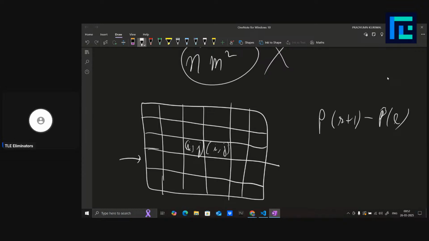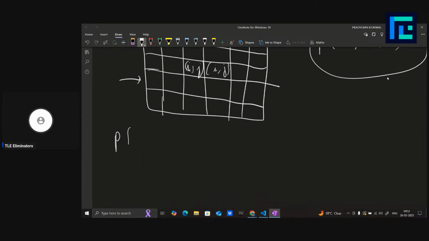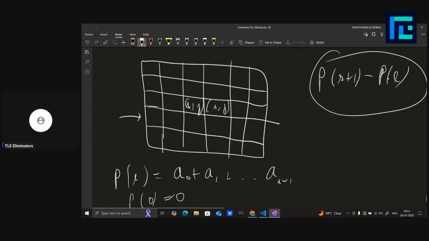This is what range sum is in prefix sums. If I define my prefix sum p[i] equal to a0 plus a1 plus up to a[i-1], and I define p[0] as 0, then my range sum from L to R is just p[r+1] minus p[L]. So first calculate the dp of this row, then calculate the prefix sum of this row, and then you can efficiently transition from this row to this row.